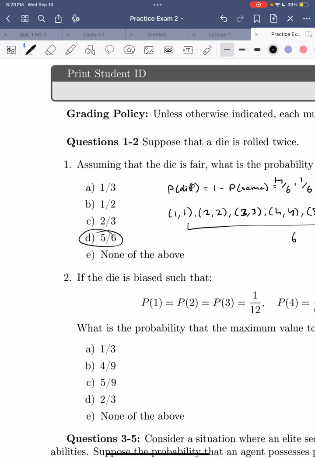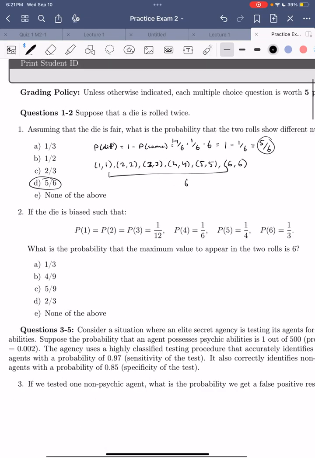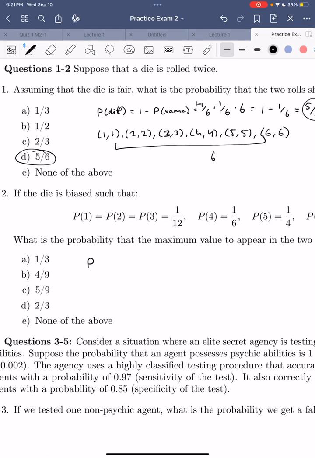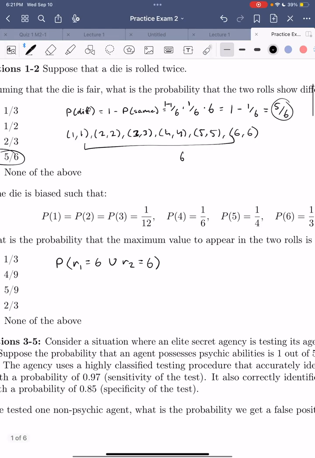Next, we have a die that is biased, basically an unfair die, where these are the probabilities. What is the probability that the maximum value to appear in the two rolls is 6? What we're calculating is the probability that either roll 1 is 6 or roll 2 is 6, since if either roll is 6, then the maximum value will be 6.